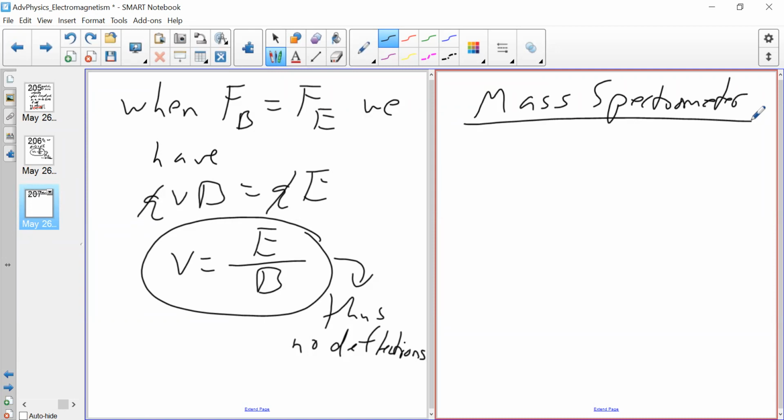You're trying to determine what kind of particles are being accelerated, and you're accelerating some ions in, and you want to see which ones are positive or negative. What kind of mass do they have? We can select those or separate those out in what is known as a mass spectrometer.